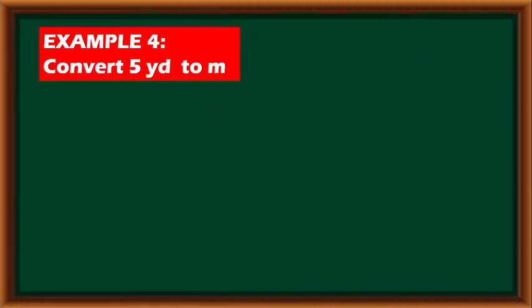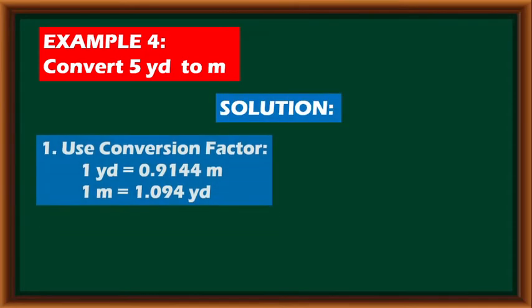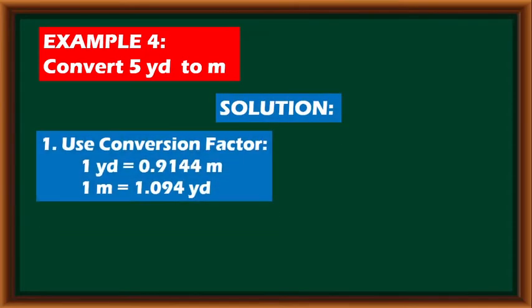Next. 5 yards to meter. Yard is a unit in the English system, and meter is a unit in the metric system. So for the conversion factor, 1 yard is equivalent to 0.9144 meters.